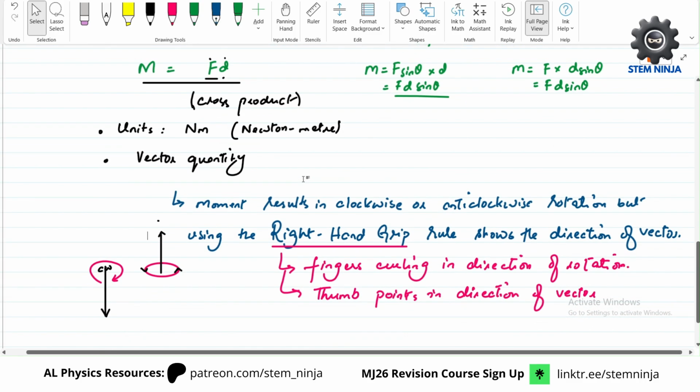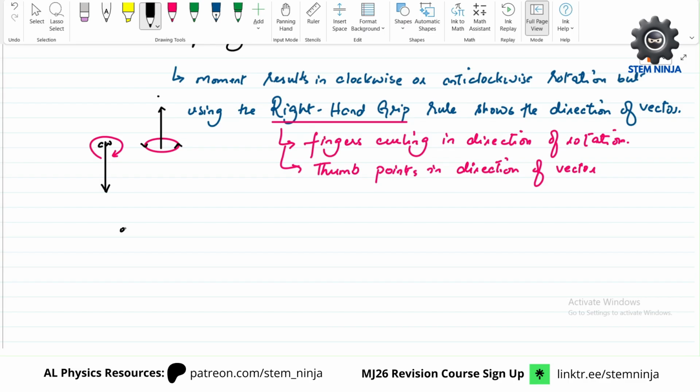The application of moments also has one important point: the sign convention.